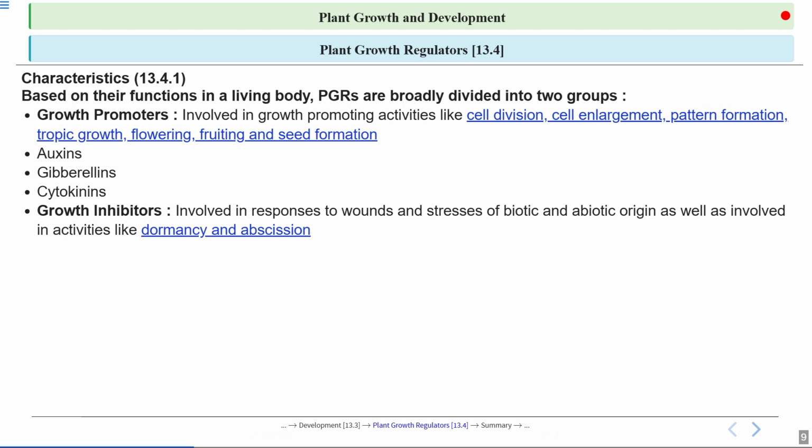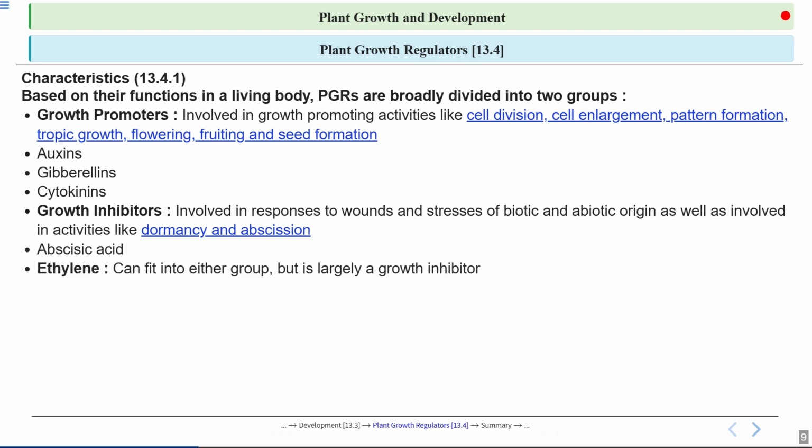At this time, their activities are somewhat dormancy and abscission, right? These are the two types of growth inhibition that we see in the case of plants, dormancy and abscission. Now, in the growth inhibitors, the hormones that come up are abscisic acid and ethylene. Now, ethylene can fit in both the groups, but largely it is working as a growth inhibitor.